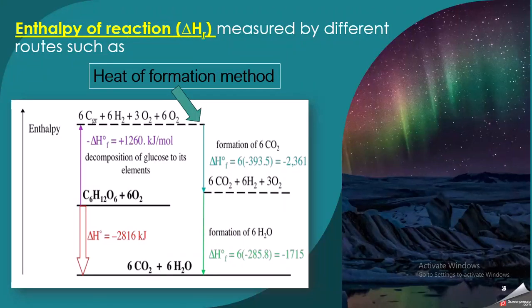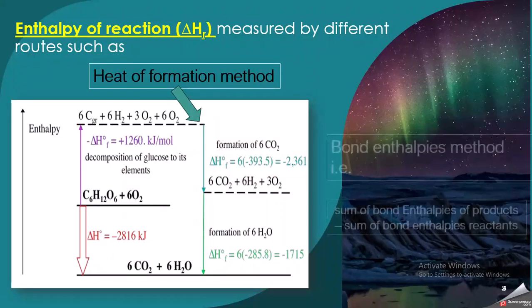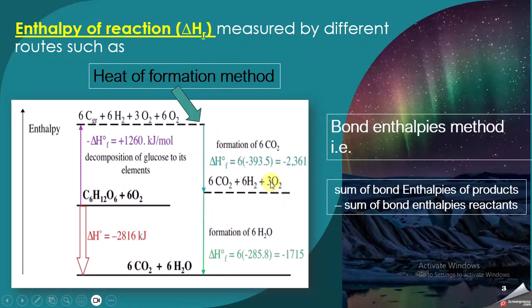But we can also measure this enthalpy of reaction by other methods. One of the methods is the bond enthalpies method. So what is done in this method? We calculate the sum of the bond enthalpies of the products, and then we calculate the sum of the bond enthalpies of the reactants, and we take the difference of the two values, which gives us the enthalpy of reaction.